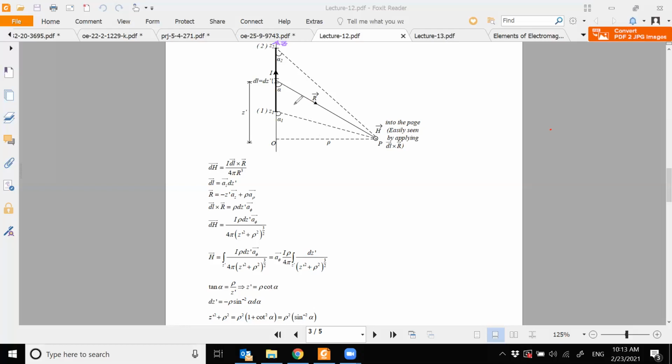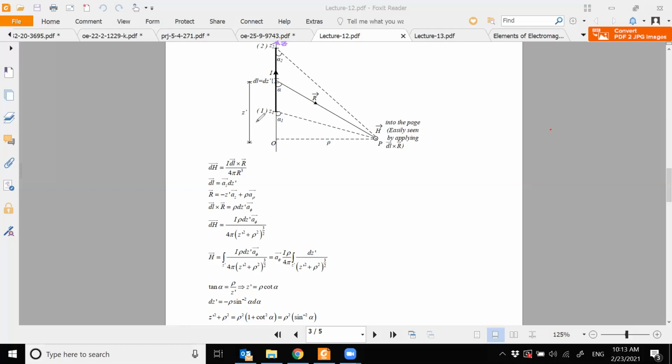Okay, and now my elemental length is this one. This is my small elemental length, which is dl. Now in our case, I name it as dz dash because dashes are always used to represent the location of the sources, very similar to our electrostatics. And since it is placed on the z-axis, if I want to integrate it to get this line, dl will be dz dash. And its location is at a height of z dash from origin.